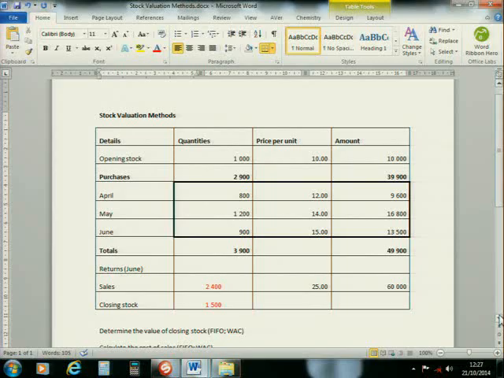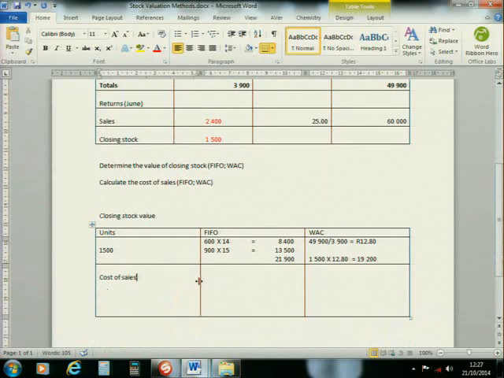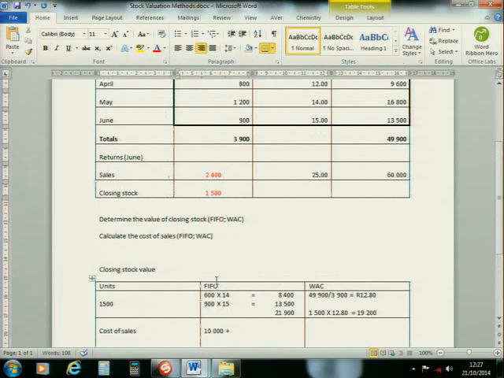So that will mean the cost of sales using FIFO would be 10,000 plus 9,006 plus the cost of the 600 units at 14, which is 8,004.